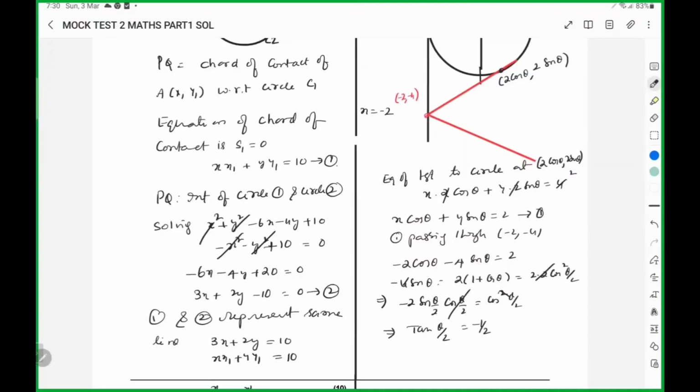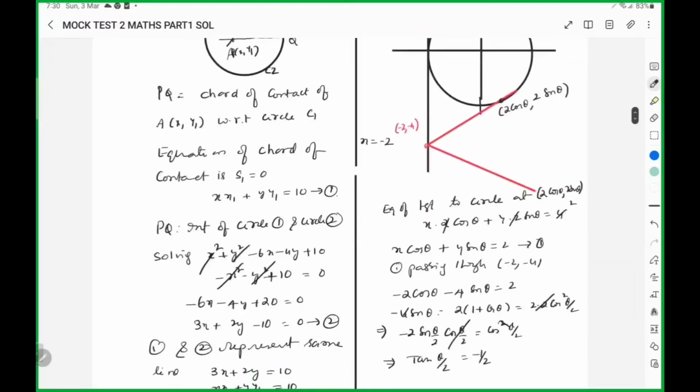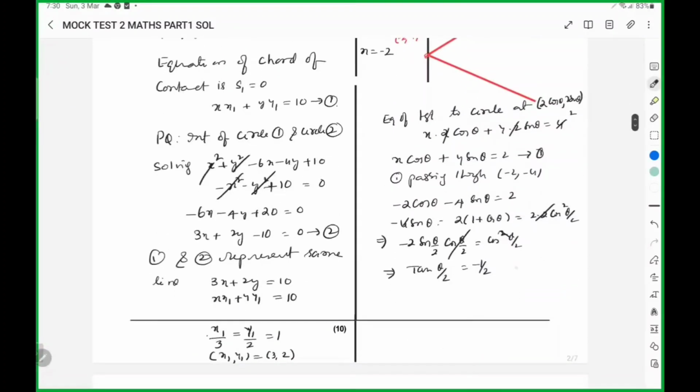So then this point becomes cos theta here is 1 minus tan square theta by 1 plus tan square theta, which is 3 by 5.